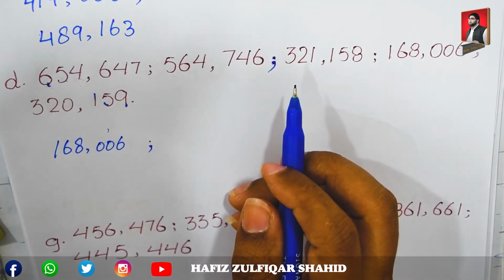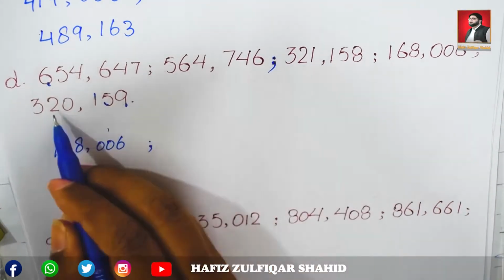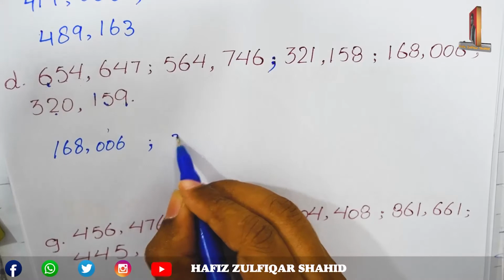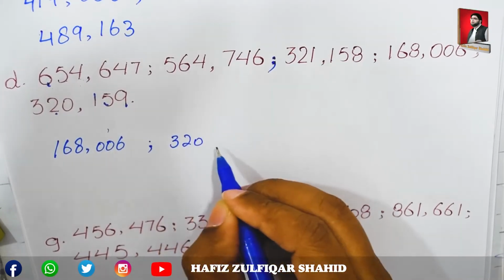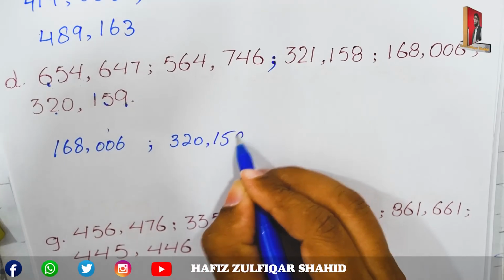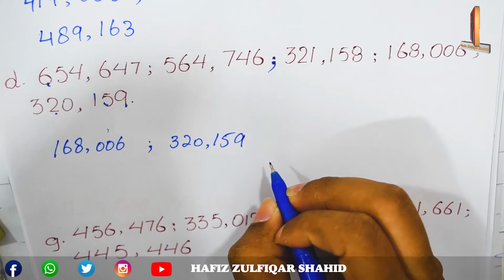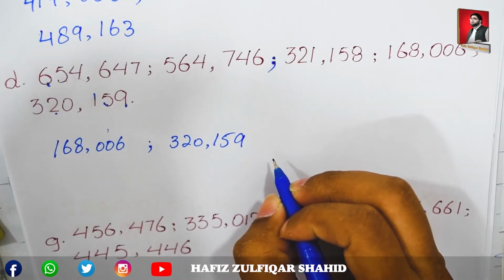The second smallest is, you can see, 320 million. Pick this up from the bunch and write it down.